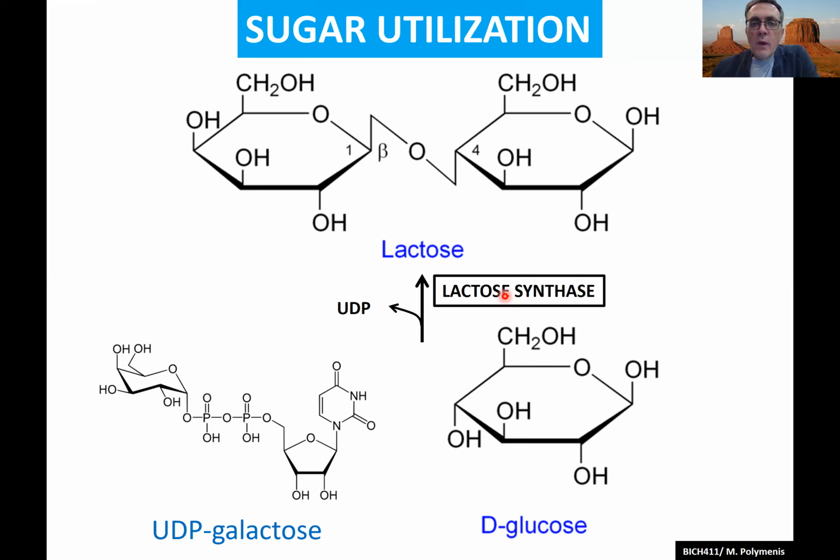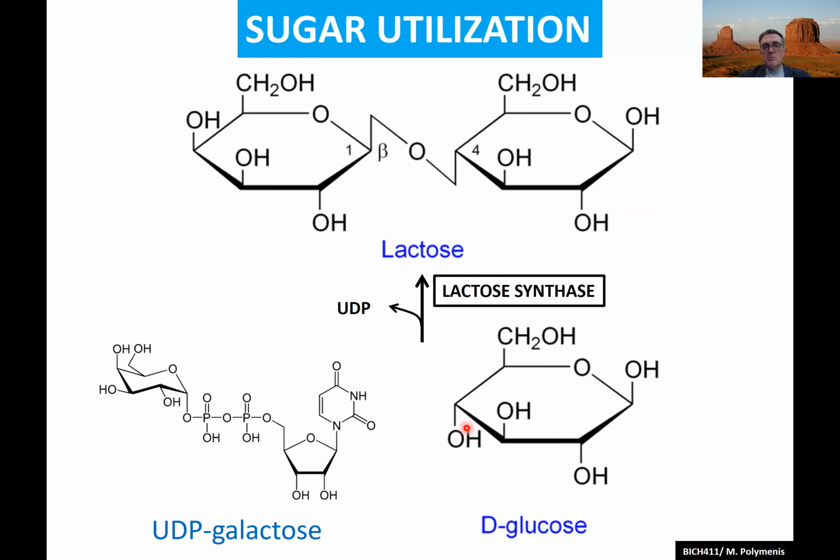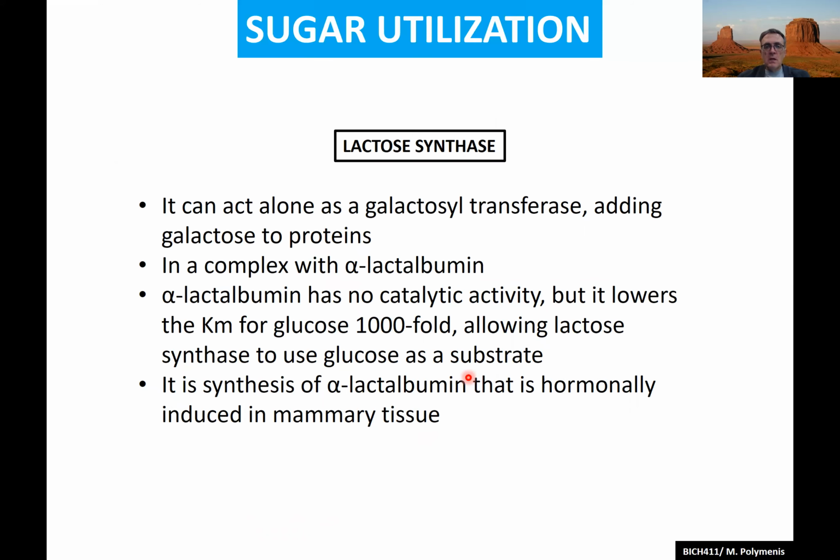But when a female is lactating, in addition to galactosyltransferase, which can work fine by itself and modifies proteins and things like this with galactose, there is a version of lactose synthase.